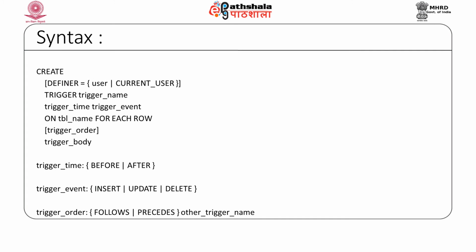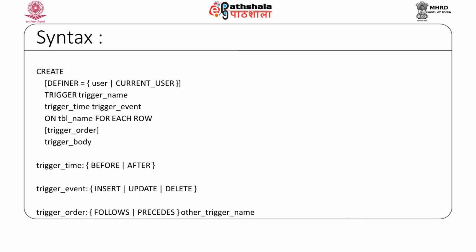The triggering event is insert, update or delete, on which I am firing the trigger. Then it goes like on table name for each row. So, it has to be processed for each and every row. Now, trigger order is an optional parameter specified when your table has multiple triggers on the same action.